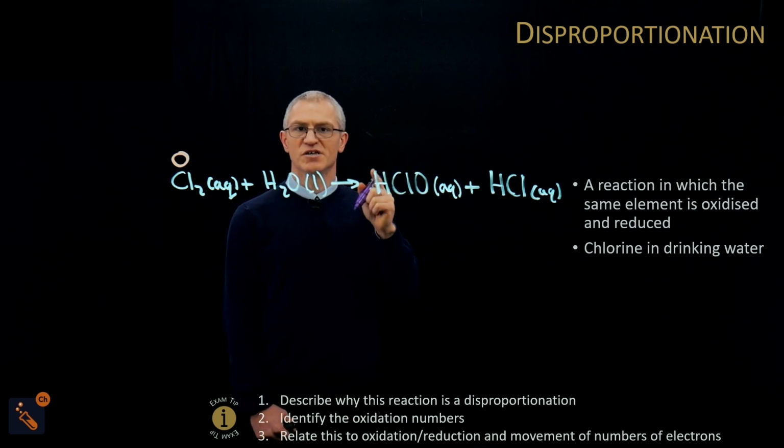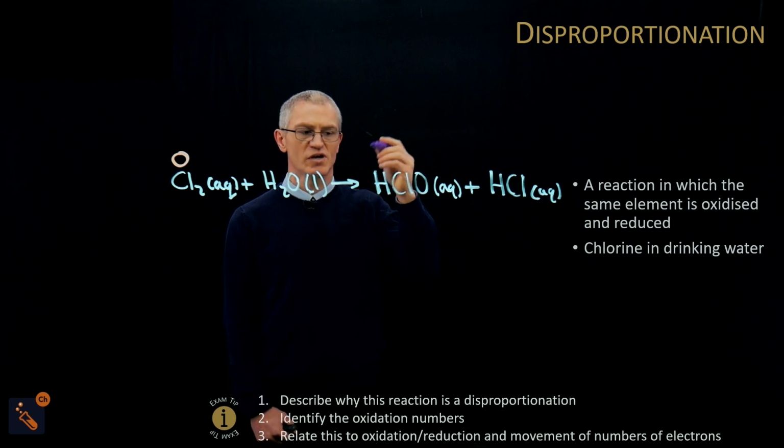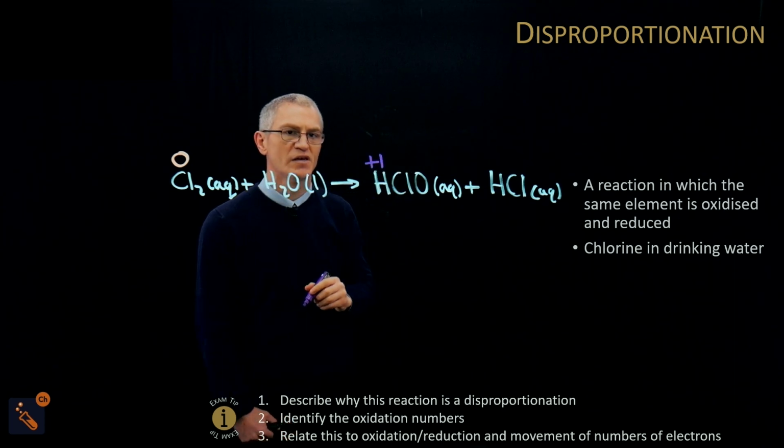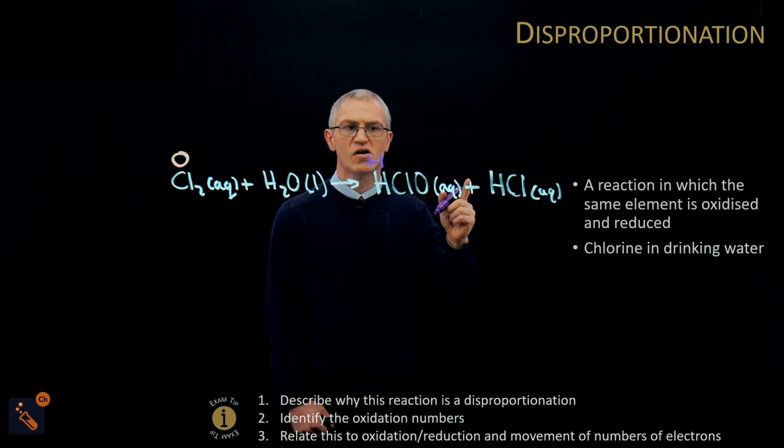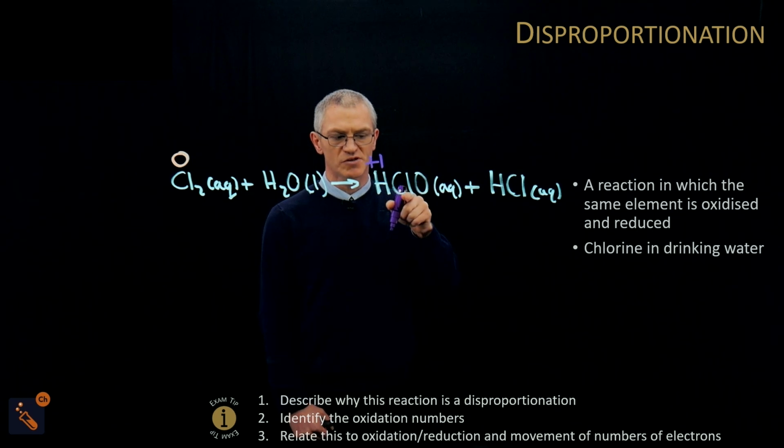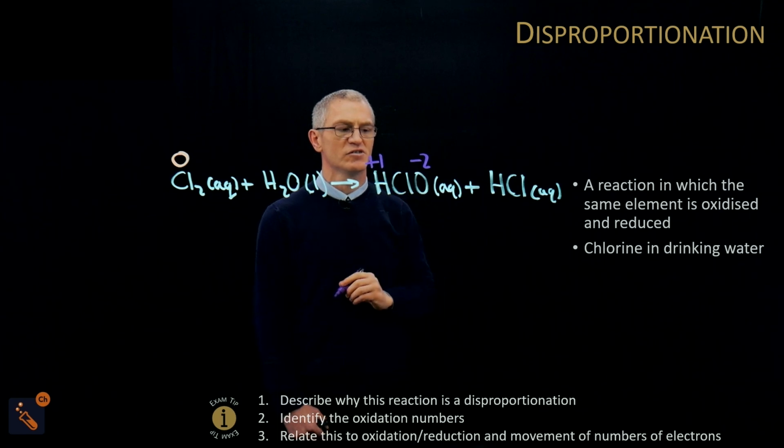For example, 1,2,3 for H, the H comes before the Cl, so therefore it will be a fixed oxidation state. The fixed oxidation number that we have for this is +1. For O, the O comes before the Cl, so therefore that will be fixed, and its fixed one is -2.